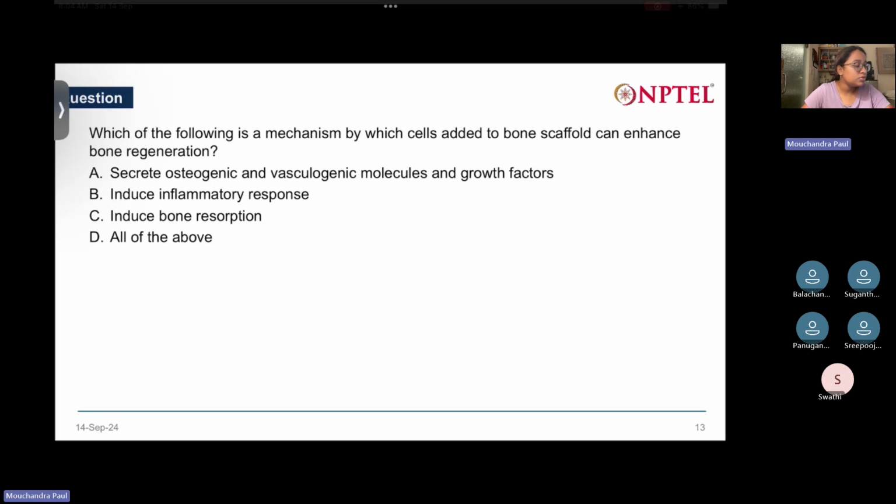So we are talking about the mechanism by which cells can actually help in bone regeneration. Only one is correct here. Or rather, think in this way: why would you consider adding cells along with the biomaterial scaffold? How would it help?